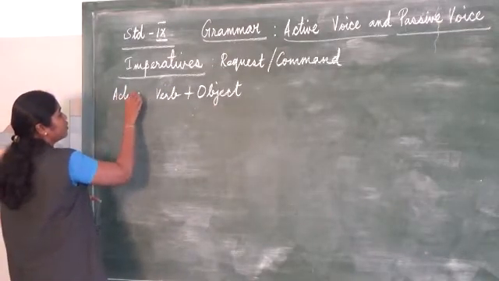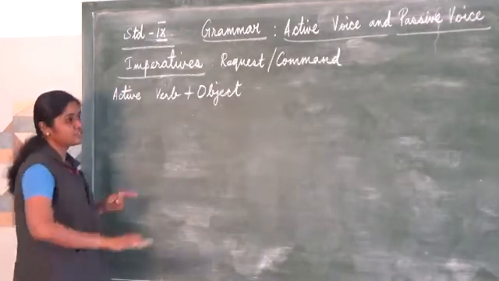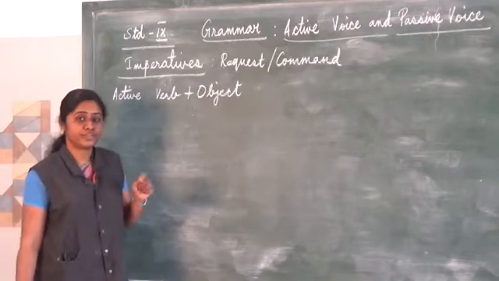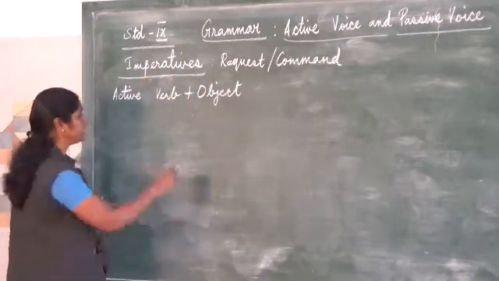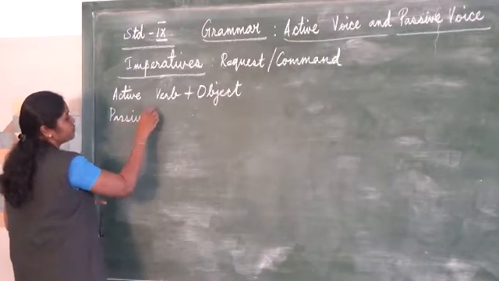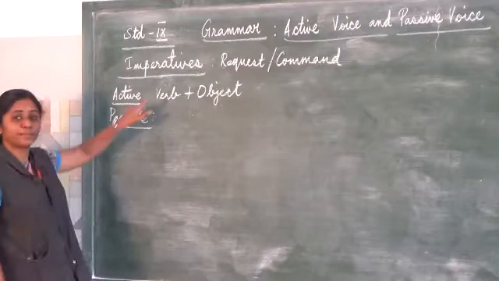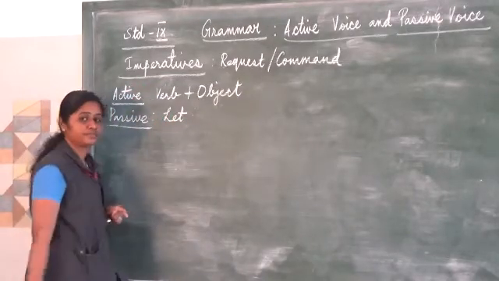In order to change this into passive voice, as soon as you come to know that the sentence you have got is an imperative sentence, there are two ways of writing the passive for imperative sentences. The first model: you have to begin with let.